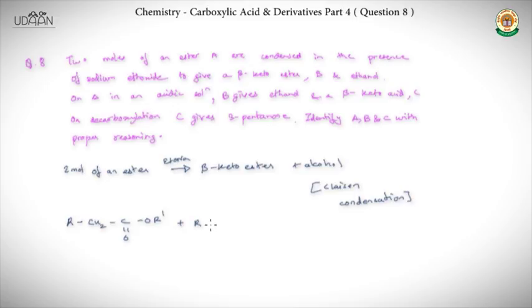If this ester reacts with itself, that is 2 moles of ester in presence of EtO minus, both of these are A, we will get RCH2 C double bond O CH R C double bond O OR dash plus R dash OH.